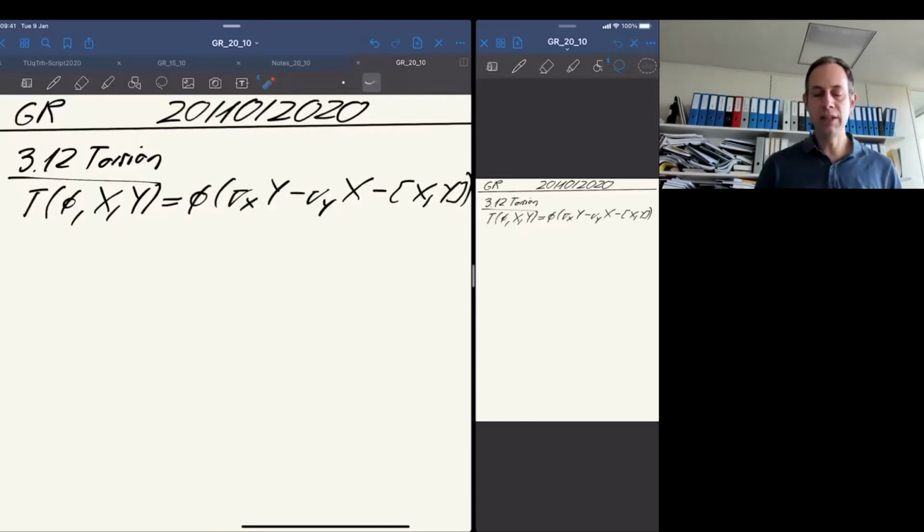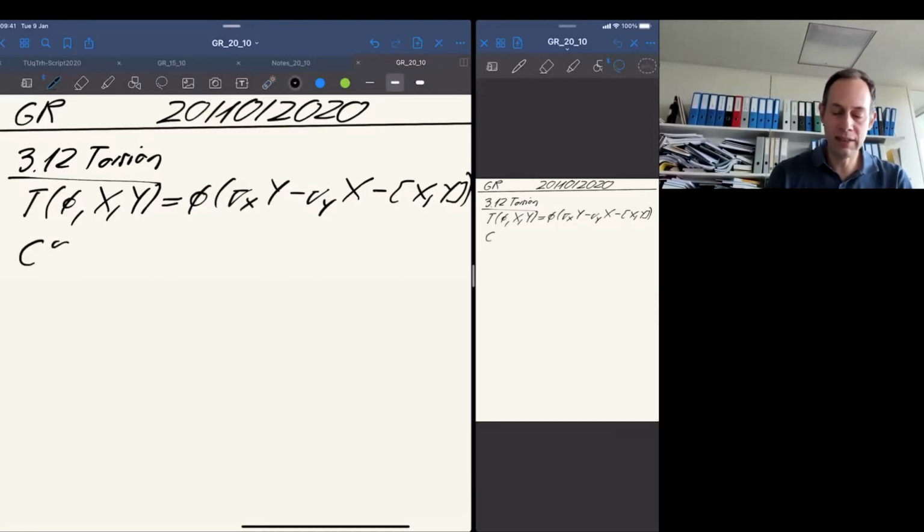If I change something at a certain point in the manifold, this should only have an effect at that point of the resulting tensor. So in other words, or more mathematically speaking, what you want to test is so-called C infinity linearity, or C infinity M linearity.